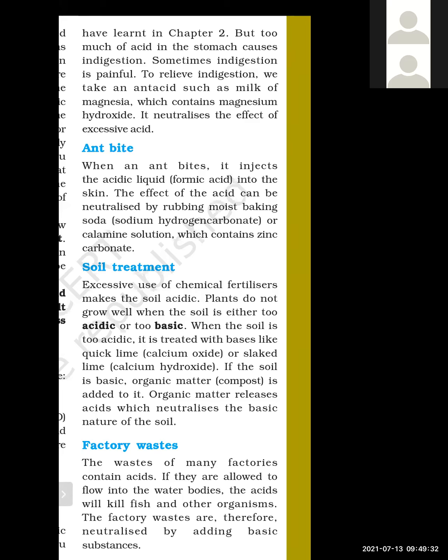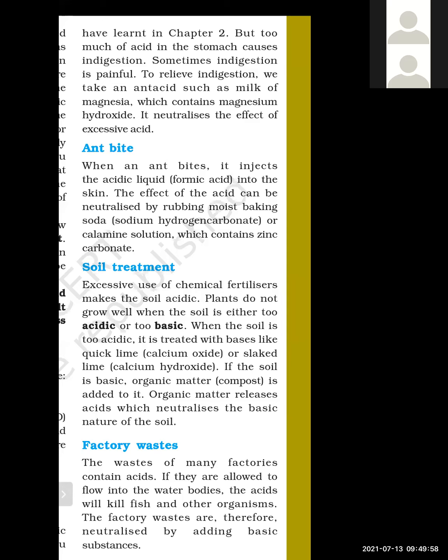Just moisten that area with water and apply some baking soda on that area. We feel relief suddenly. In a few minutes there will be no pain and no swelling. And if we do not apply this, there will be a swelling. So we can use this baking soda in case of ant bite, honey bee bite, bumblebee bite.